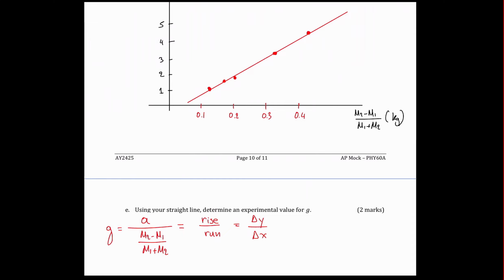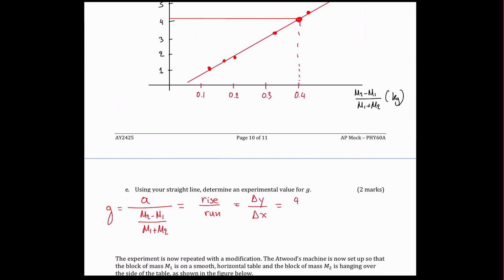For example, I'm going to select this point, and we find that the value is approximately 4.1. So 4.1 minus, I'm going to select another point on the same straight line. It can be random, it doesn't really matter. I'm going to select this point, or something that has a little bit more suitable values. I'm going to select this point and that point.